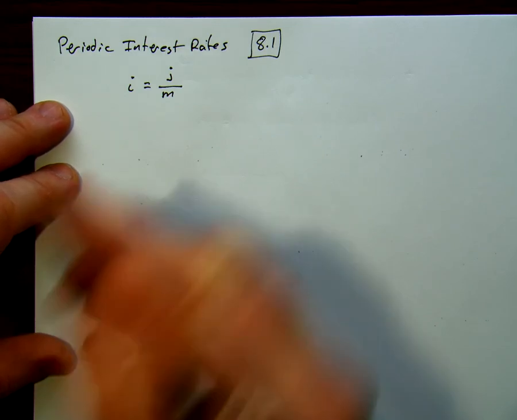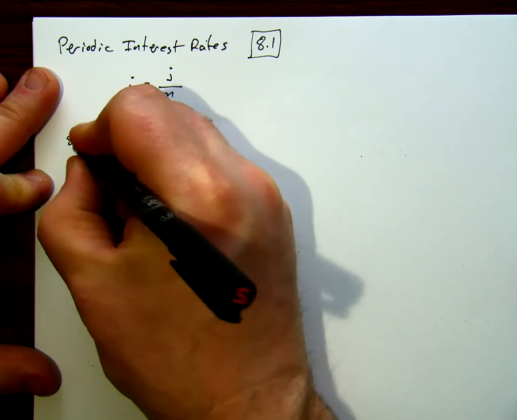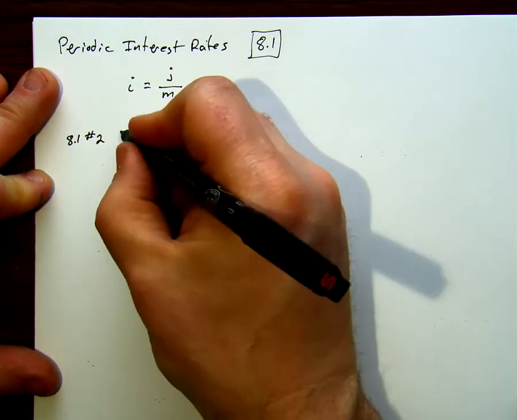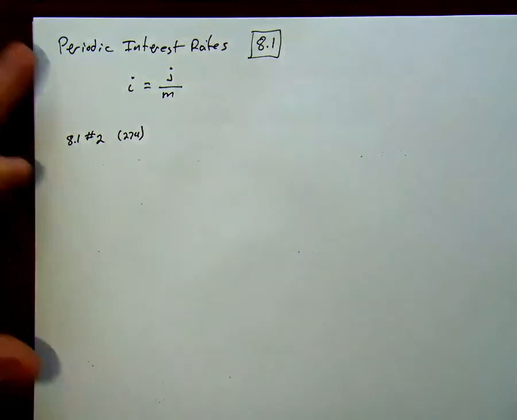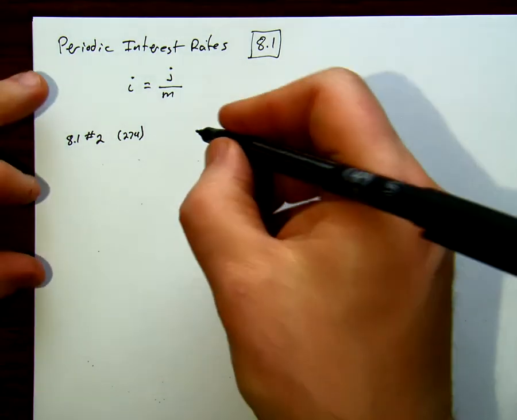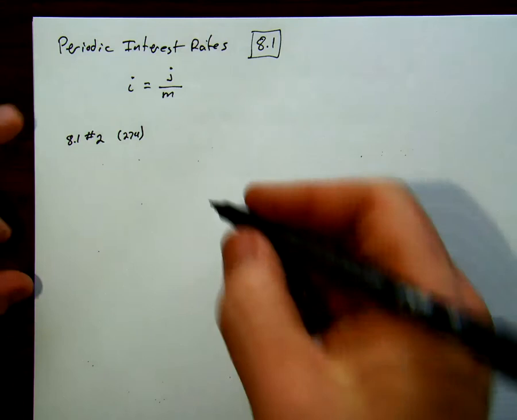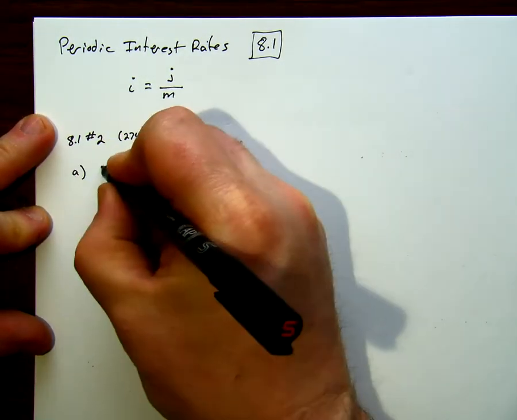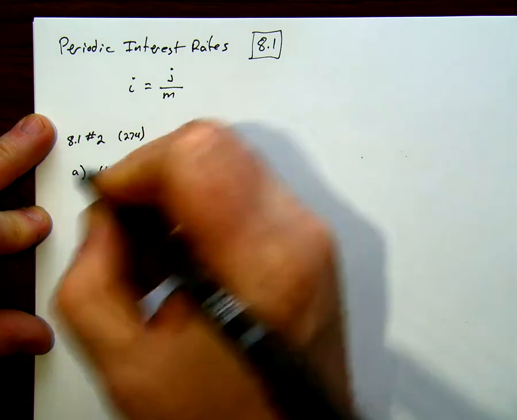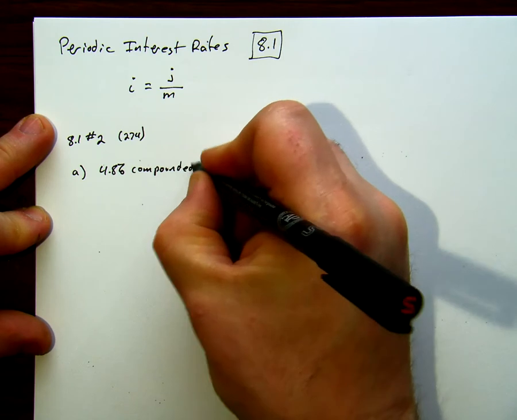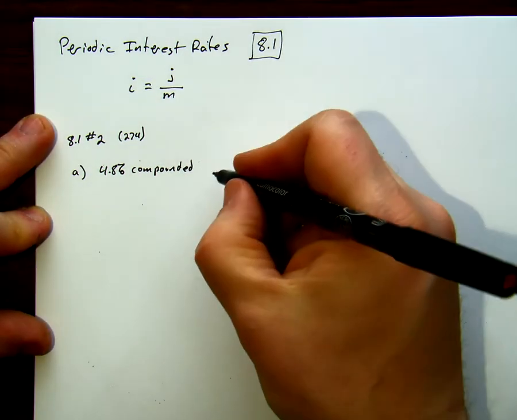So we'll go quickly into 8.1, question number 2, on page 274. We want to determine the periodic interest rate for the nominal interest rate of 4.8% compounded, and we've got a couple options. Option A is 4.8% compounded semi-annually.